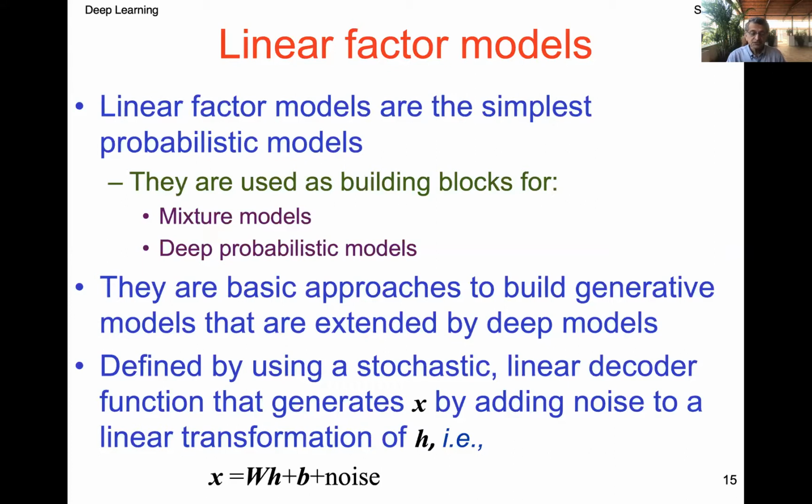The hidden values, of course, can be obtained from a previous level. So we're saying X itself is obtained from H by WH plus B, some bias, and then noise. That is the essence of the model, the mapping between H and X.